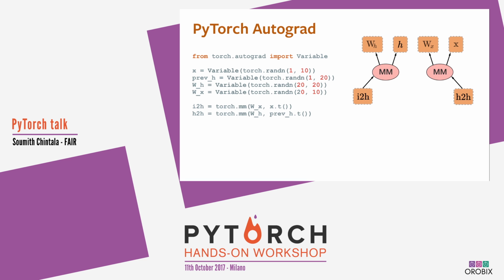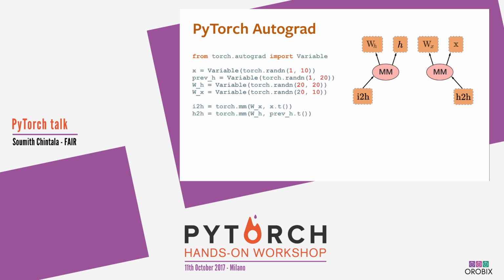For example, I2H here is a variable that wraps a tensor that's the result of this matrix multiply, and I2H remembers that it was created by a matrix multiply between W and H. Because it remembers this history, you can backprop through.